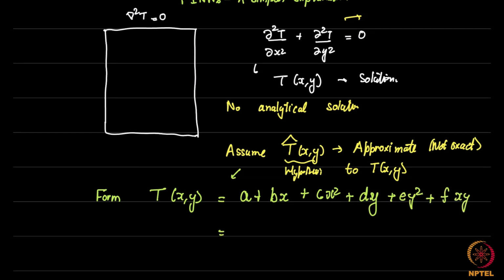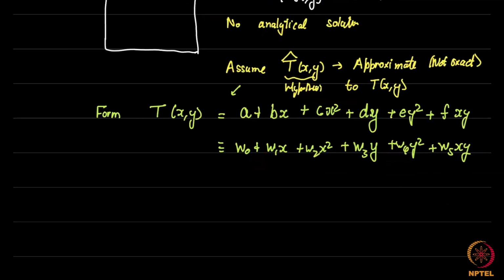Instead of having a, b, c, d, I'm going to write w0 plus w1 x plus w2 x squared plus w3 y plus w4 y squared plus w5 xy. Now, this is obviously a function.